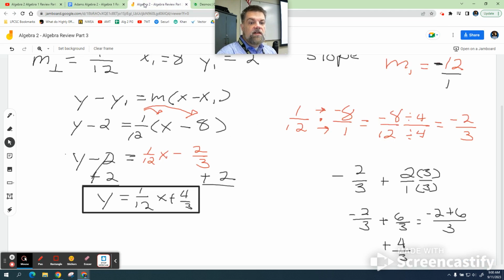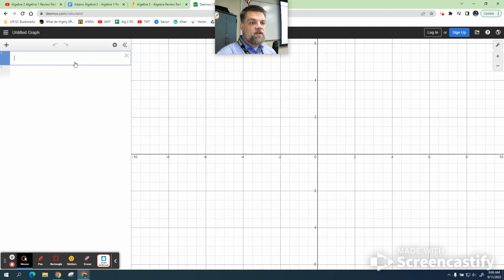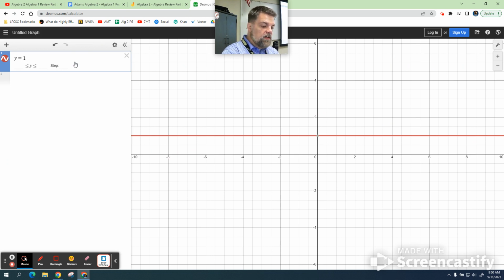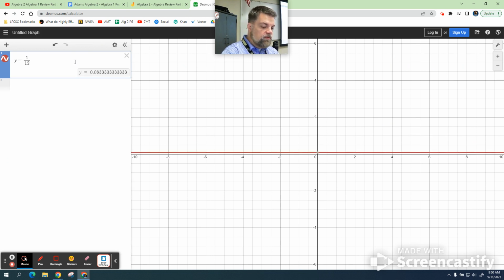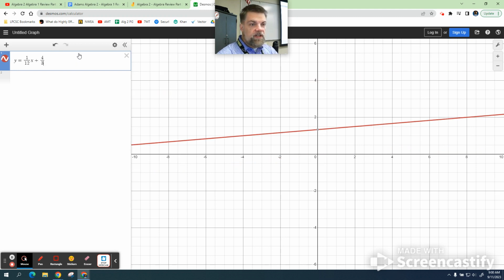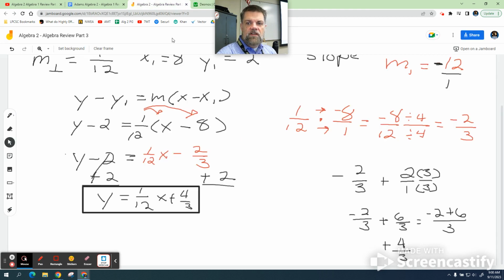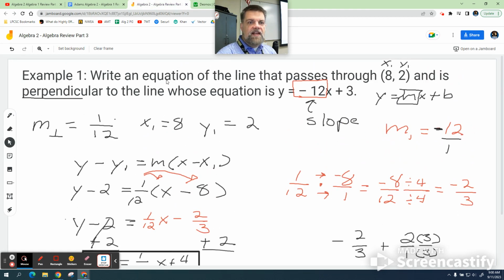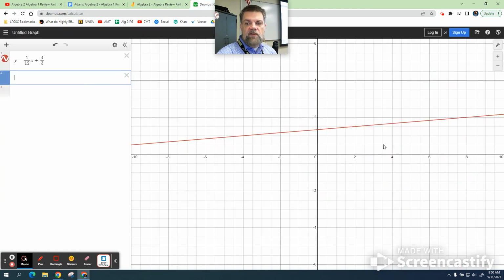So my perpendicular line is 1 over 12 times x plus 4/3. So I'm going to say y equals 1 over 12 times x plus 4 over 3, right? Well, there's a couple things we have to double check. We also have to make sure that this passes through the point, what was it? What did it have to pass through? 8 comma 2. So this is my new line. Let's go over here to 8. Does it cross there?